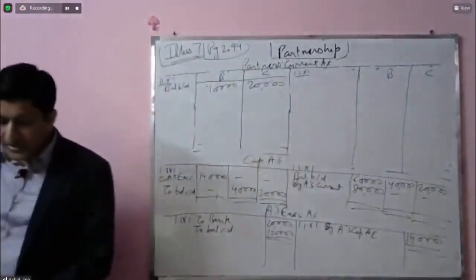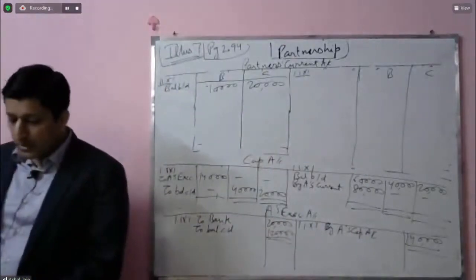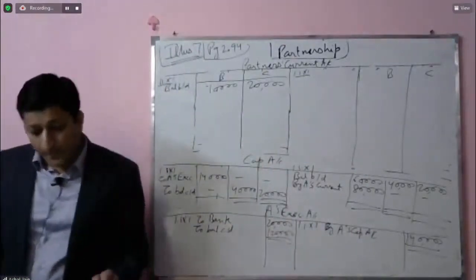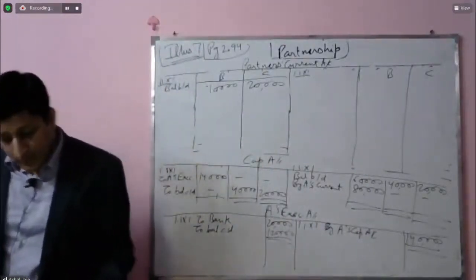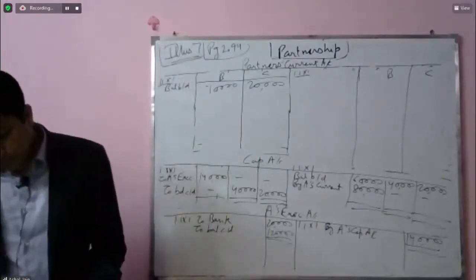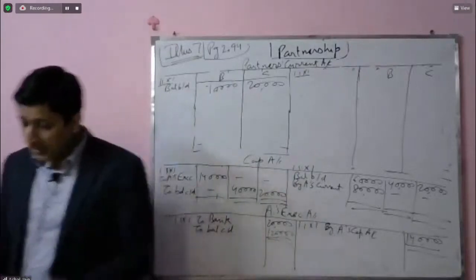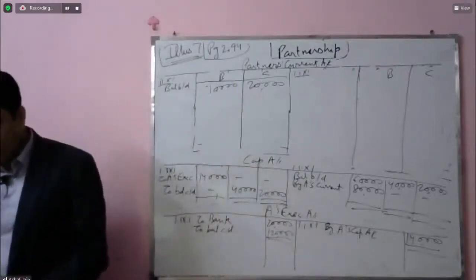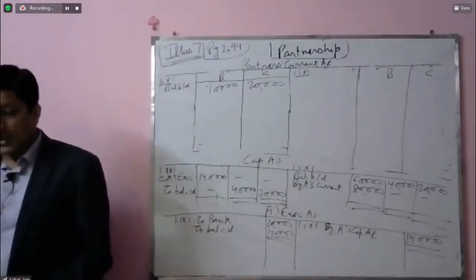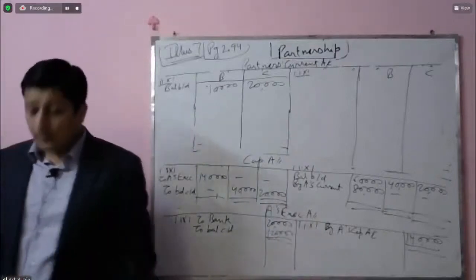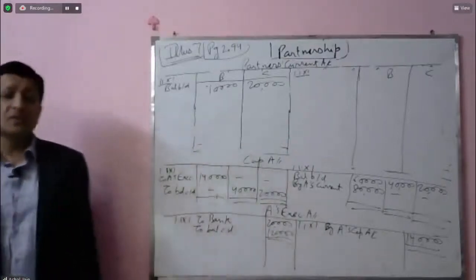Now during this year ended 31st December X1, let's see what is the profit or loss. During this year ended, we need to compute the profit or loss. So for this, we will go to working note number 3.